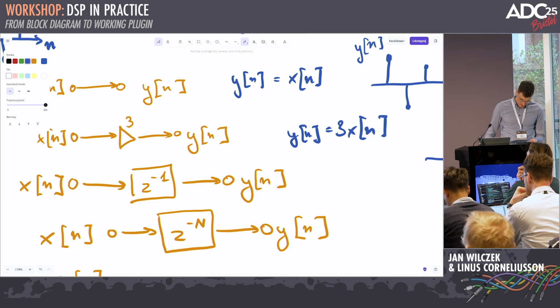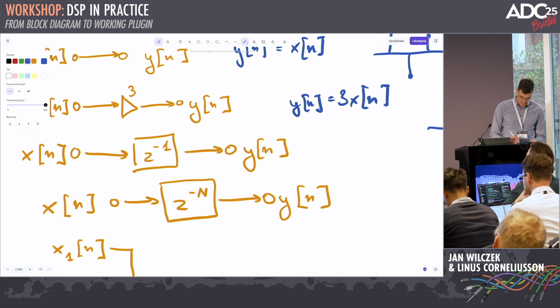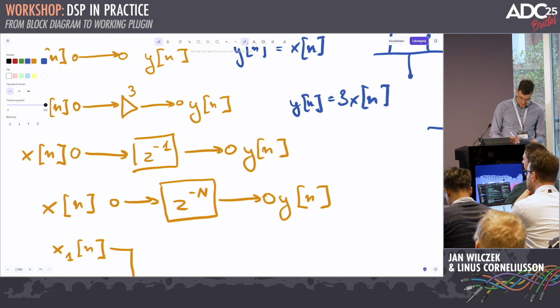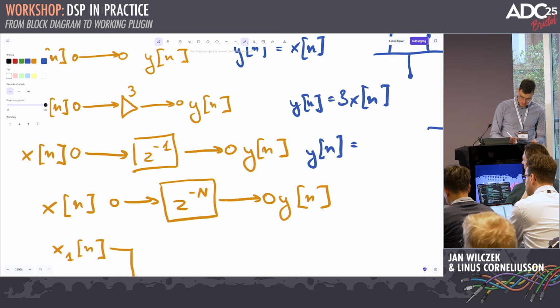Okay, now we are in system 3. And here we have z to the -1. This is what's called a delay. So we write y of n is equal to x of n minus 1.